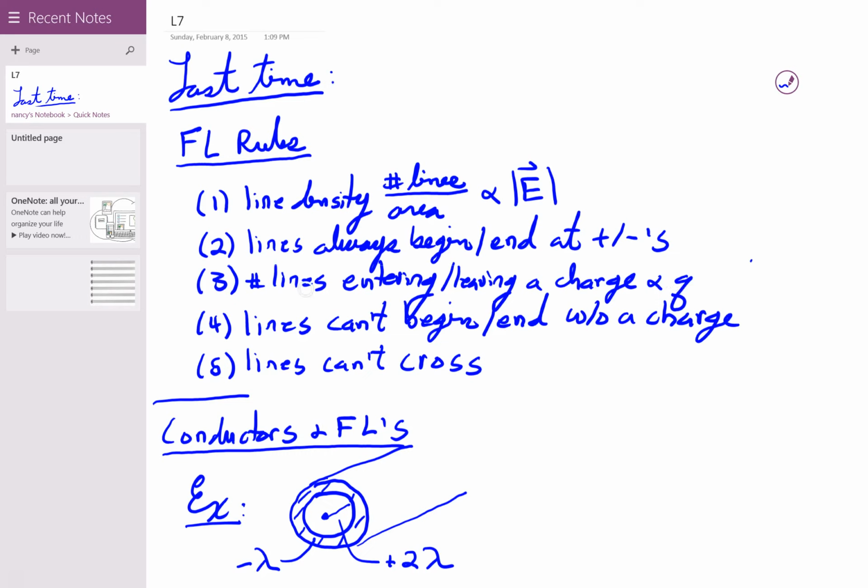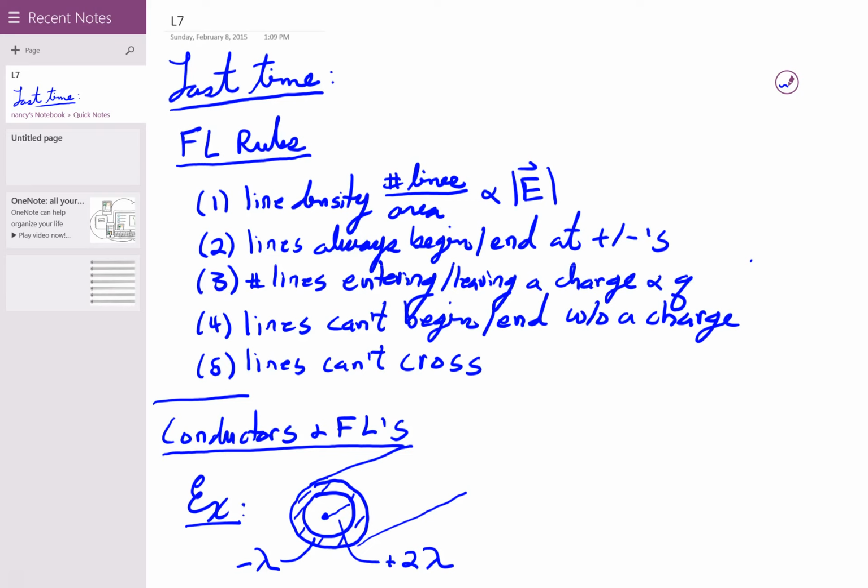Okay. Next, we have the fourth rule, which is actually very closely related and really kind of a consequence of the second and third rules, namely that lines can't begin or end without a charge. We just make this a separate rule because sometimes we lose track of this in constructing a diagram.